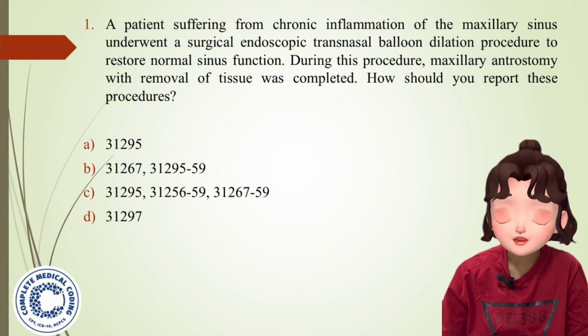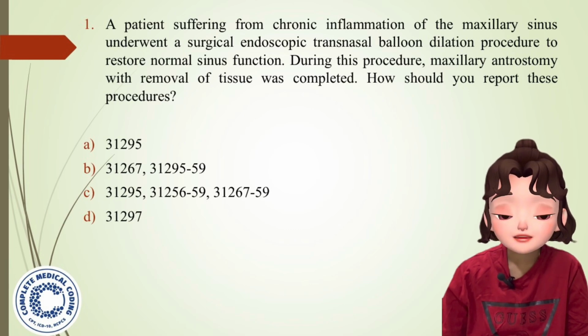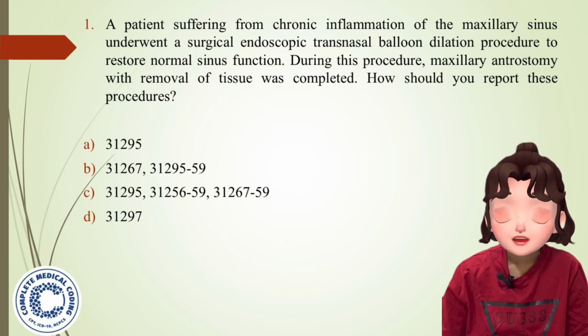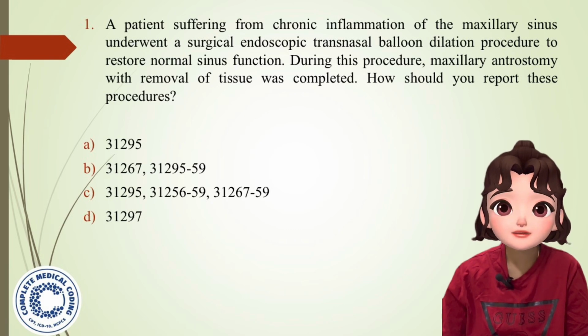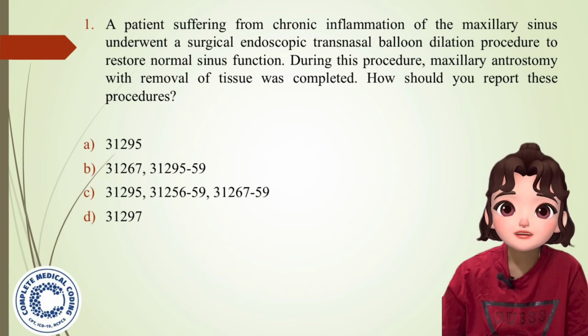And what is the other procedure carried out here? During this procedure, maxillary antrostomy with removal of tissue was completed. So we need to code that also. In the first option only one code is there. Just keep it there. Don't skip it, but keep it there.